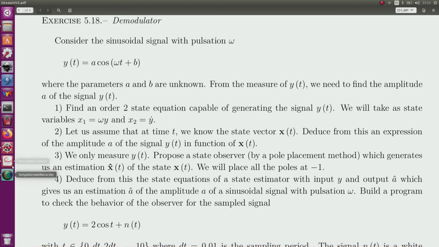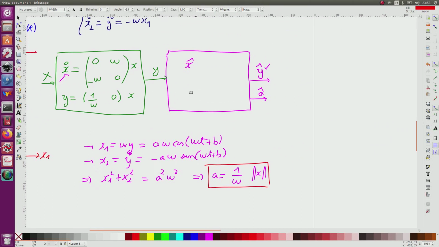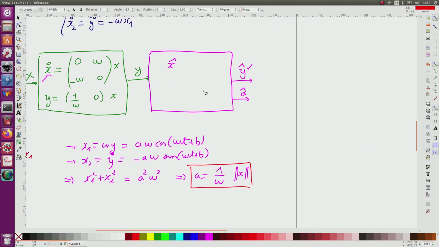So I'm here, and the observer I have to build is this one.